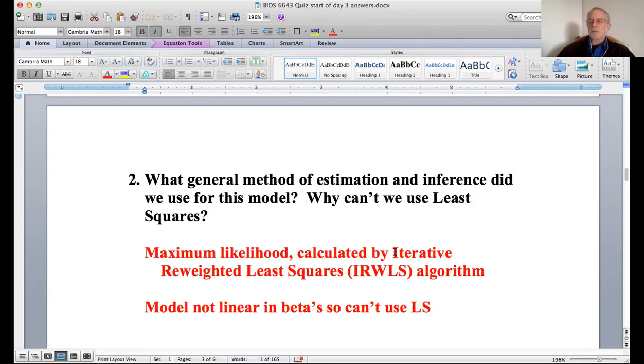Remember all that stuff about efficiency or asymptotic relative efficiency and consistency? You would have estimates that were not very good in that sense. But in fact, when we start the iteratively reweighted least squares algorithm, the usual starting value is the least squares estimates.